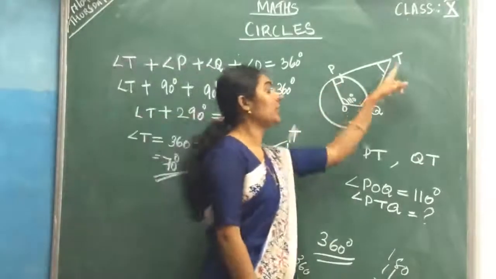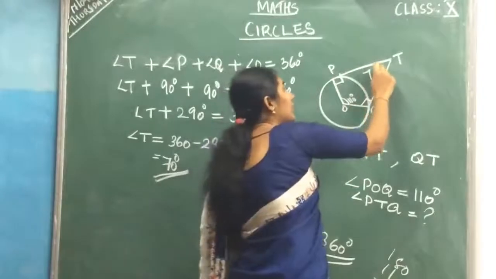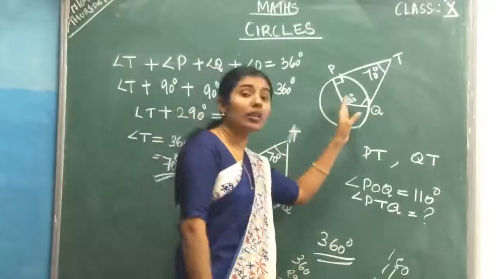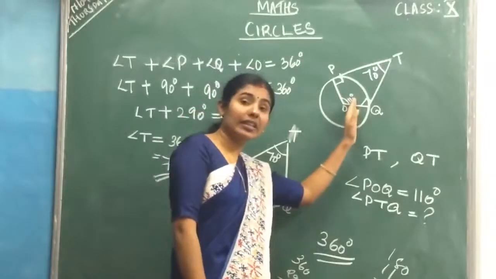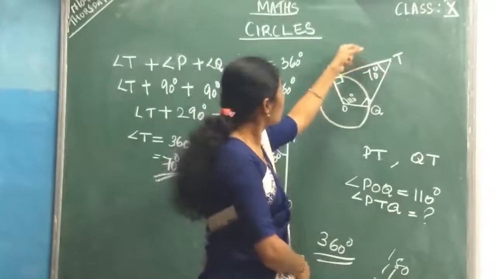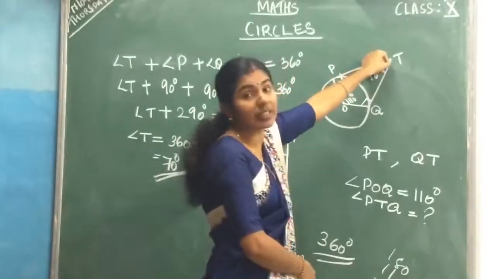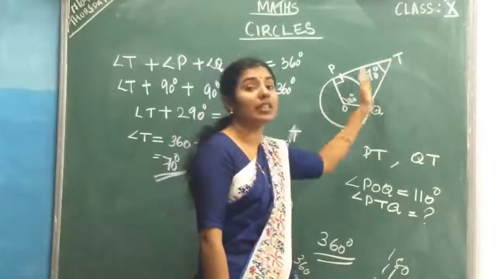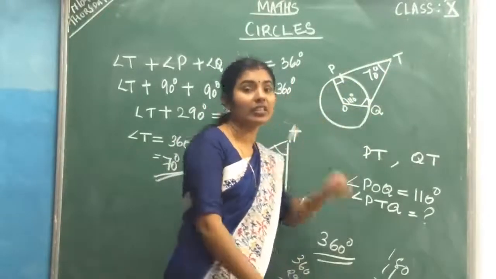So angle T is 70 degree, that means angle PTQ is 70 degree. This angle formed at the center is 110 degree, and the angle formed at the point where the tangents meet is 70 degree. This is 110, 70. The sum is 180, isn't it?